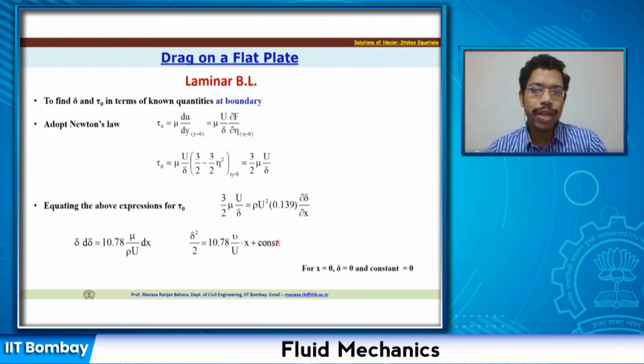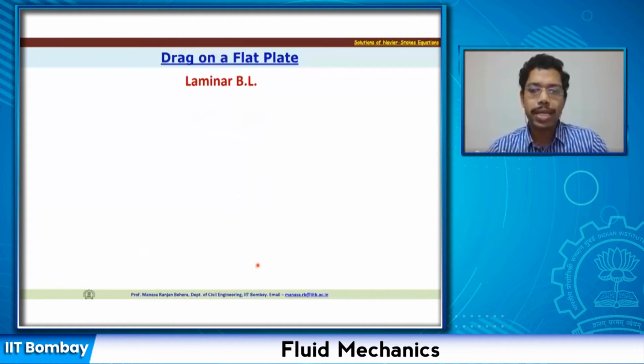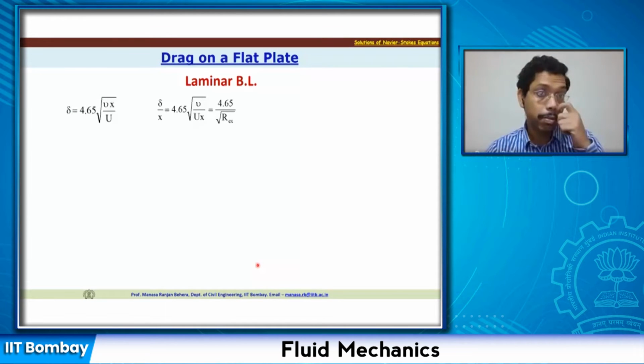Now substituting the value of constant equals 0, we have only this expression, and if you simplify it, you will get the value of delta, which is nothing but 4.65 square root of nu x by u. Okay, so just again further simplification, if you divide by x on both sides, you can write delta by x is equal to 4.65 divided by square root Re_x.